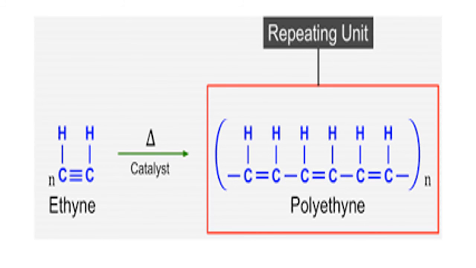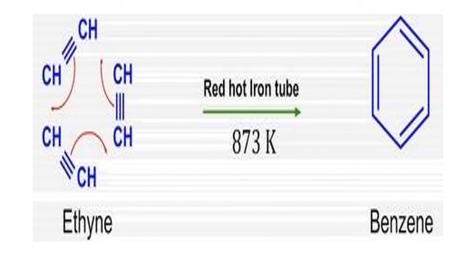Just as ethene undergoes polymerization, here also ethyne undergoes polymerization, becoming polyethylene, which is very popular in making plastics. Linear polymerization gives a straight chain. Sometimes under strong conditions, we can go for cyclic polymerization to give benzene: 3 ethyne gives 1 benzene.